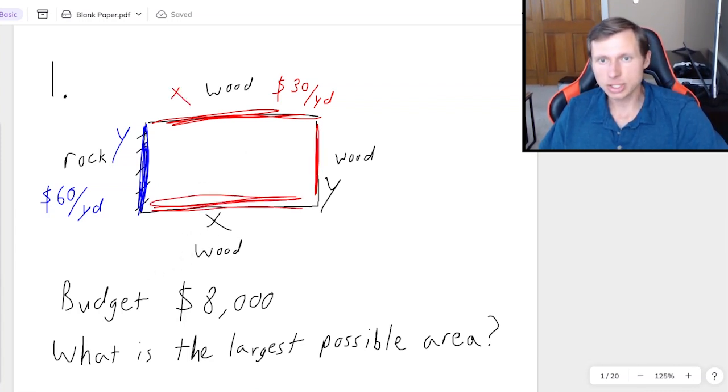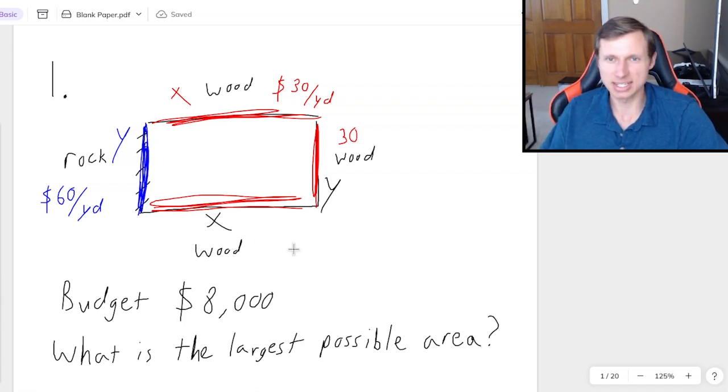And then this last one is also $30 per yard, but that's going to be for a y side. In other words, if I want the total cost, the top and bottom are both going to be 30x, the right side is going to be 30y, the left side is going to be 60y. I just multiply the price by the dimension. I repeat, I just multiply price by dimension. That's how we do it.